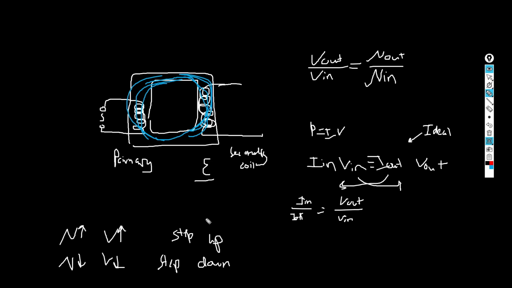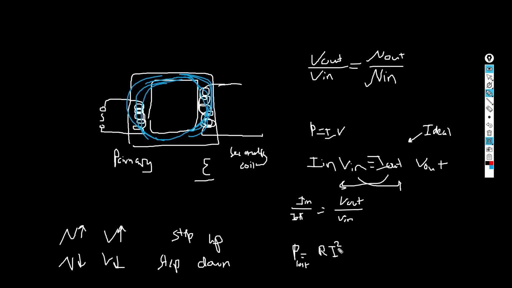Okay, why do we use them though? Well, the reason we use them is because, let's say we're transmitting electric power across long distances. Okay, so we would lose energy if we transmit it at a high current, because you know P lost, the energy lost, equals R I squared.